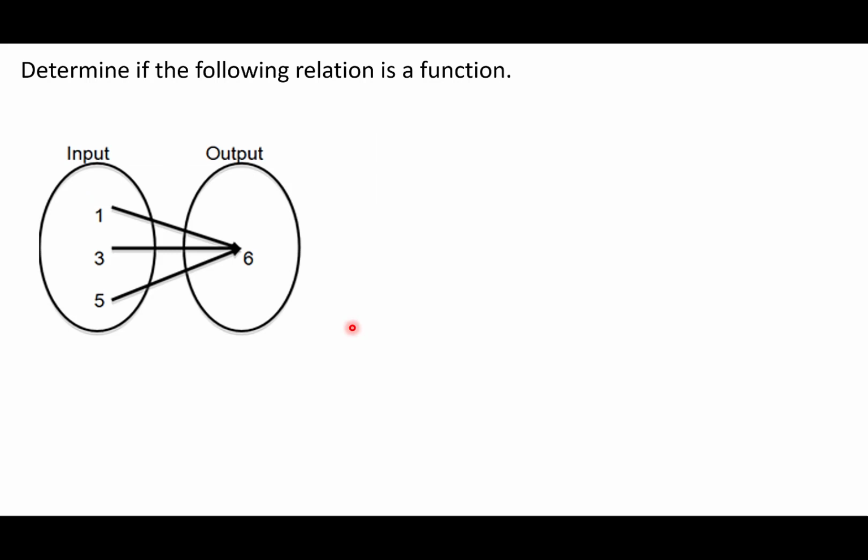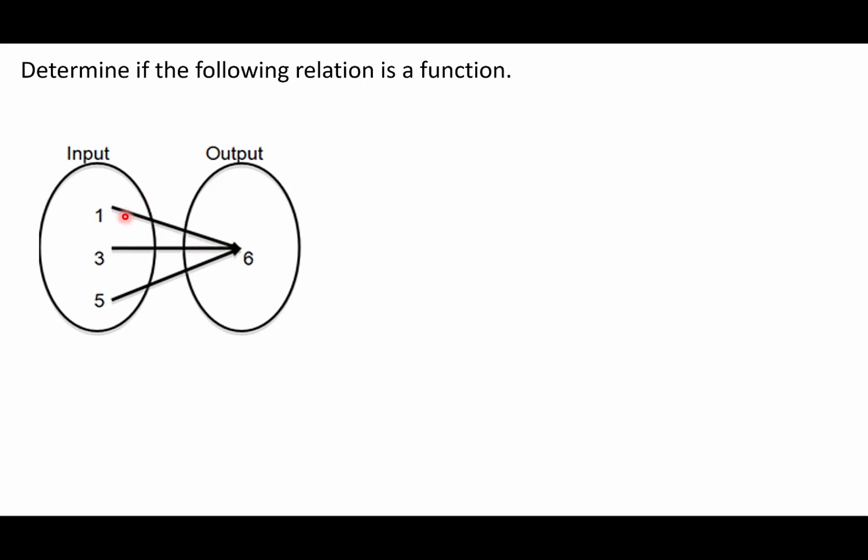This is what we call a mapping diagram. Okay, my inputs go on the left and we only write them one time. My outputs go on the right, and again we only write the number once. So to determine whether we've got multiple repeating inputs, we have to look at the arrows going away from the inputs.